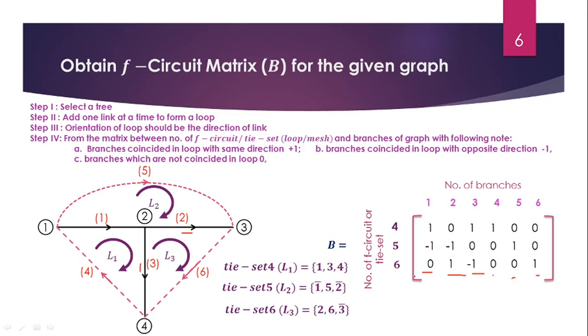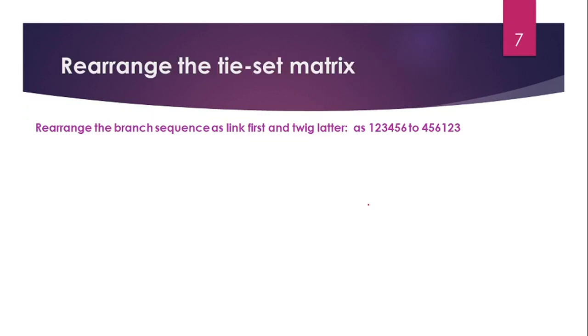So the size of this matrix we are getting is 3 by 6, because here the possible loops are 3. It is because of the links we add one at a time. That's why we can say it is somewhat easier for our calculations to find voltages and currents using the tie-set matrix.